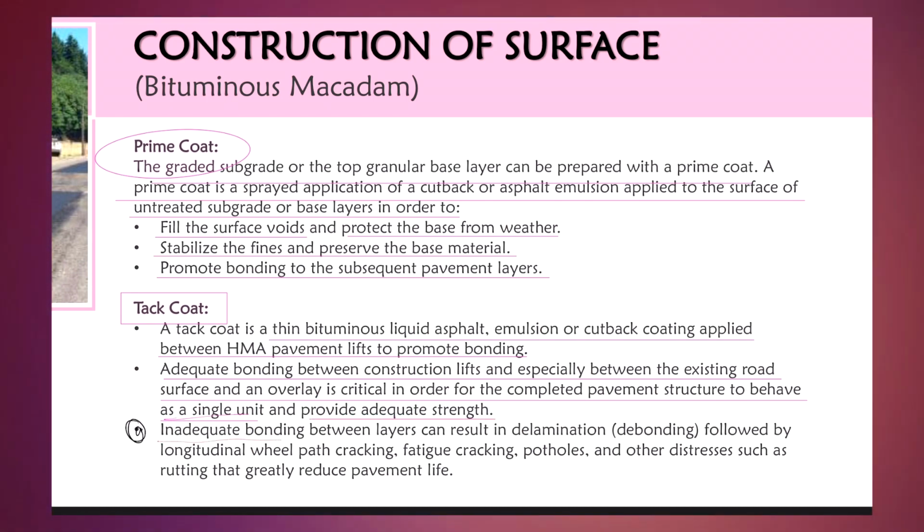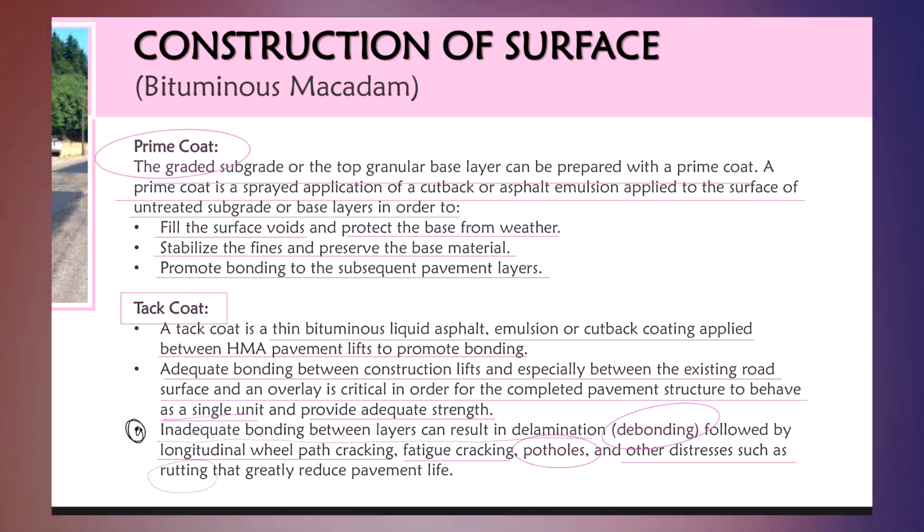Inadequate bonding between layers can result in delamination or also debonding, followed by longitudinal wheel path cracking, fatigue cracking, potholes, and other distresses such as rutting that will greatly reduce the pavement life.